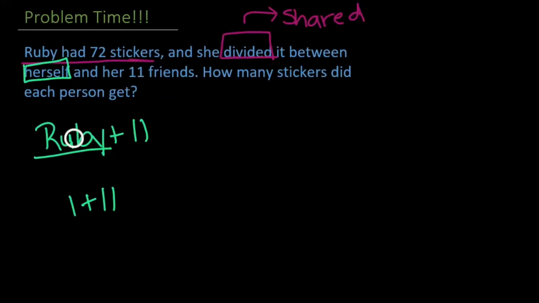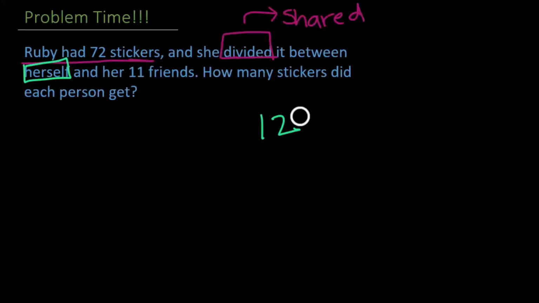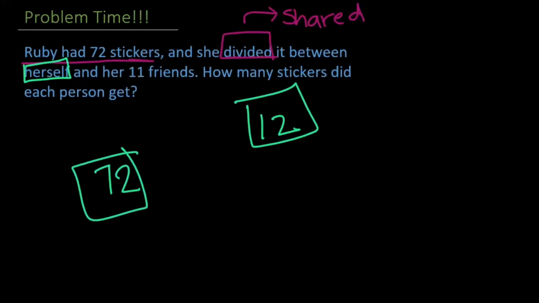She's not like 10 people, she's only one person. So 1 plus 11 is equal to 12. So we have 12 people in total. That's the number we're dividing by. That is our divisor. 12 is our divisor. Keep that in mind. 12 is our divisor, and 72 is our quotient.